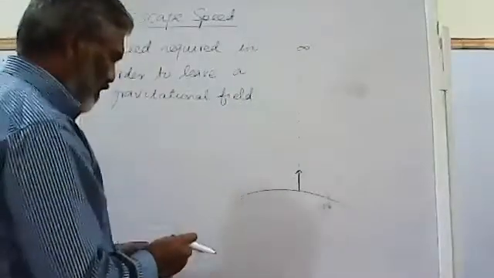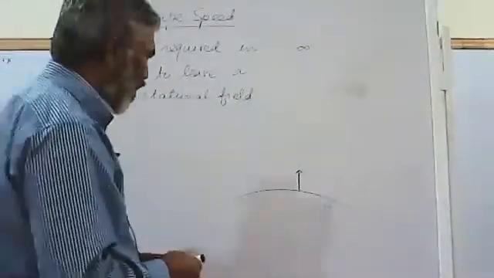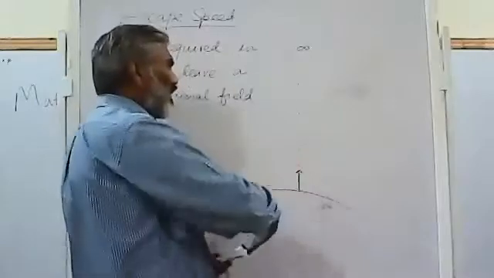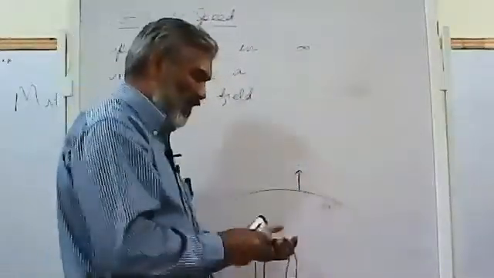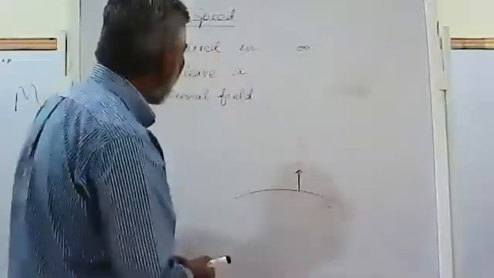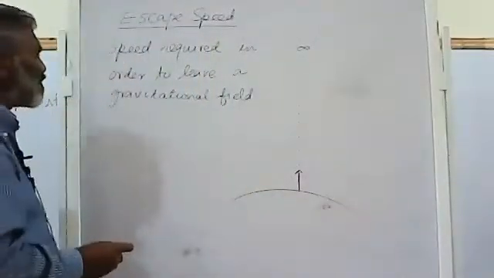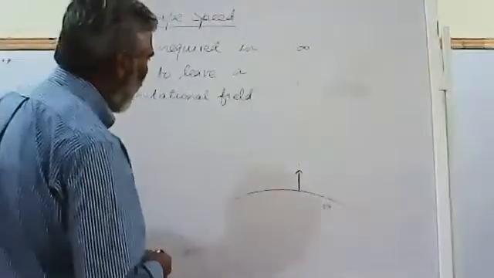So if you want to throw a ball with a speed so it leaves the gravitational field, which means at least that speed with which it reaches infinity will be the escape speed. Let's derive its formula.